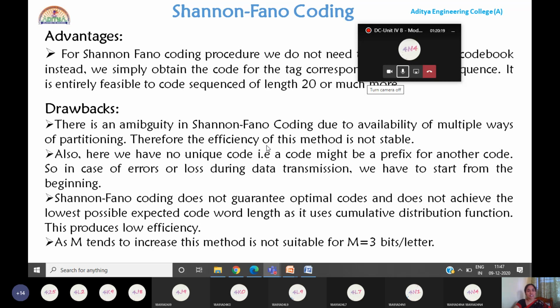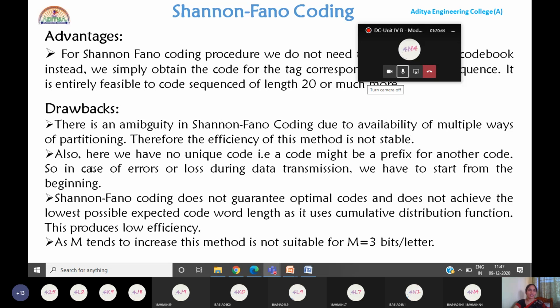If the upper subset and the lower subset are not exactly equiprobable, then there are two ways of partitioning. So the efficiency of the method is not stable. That is the first drawback.